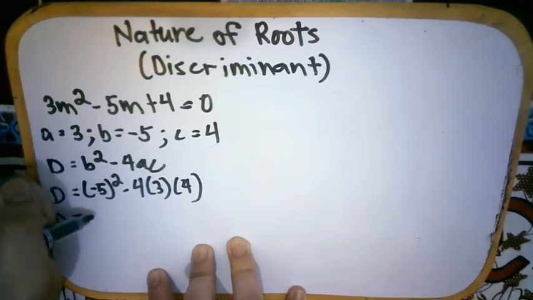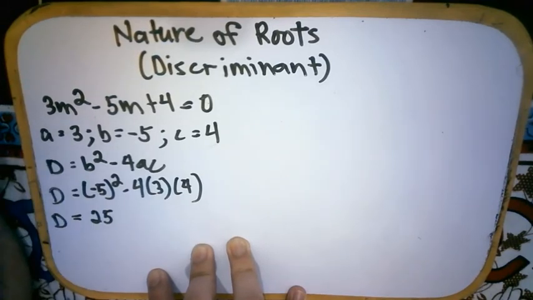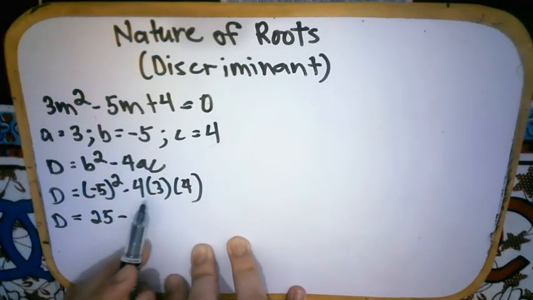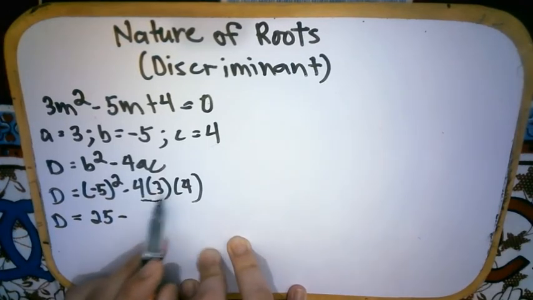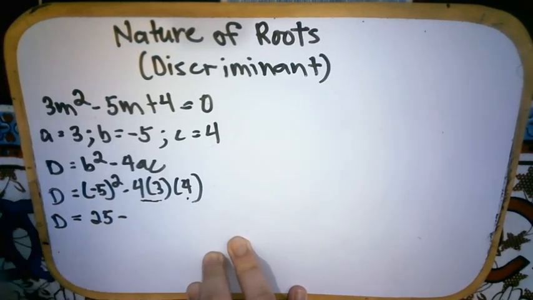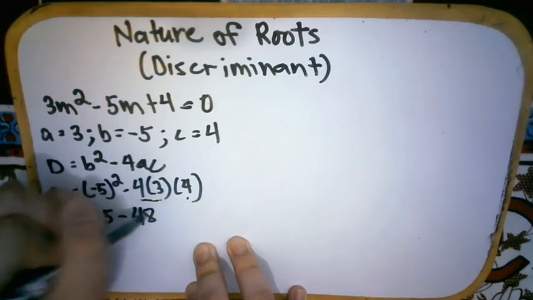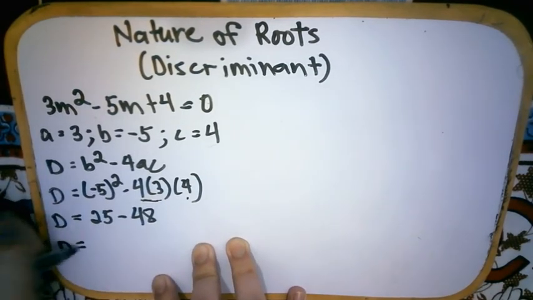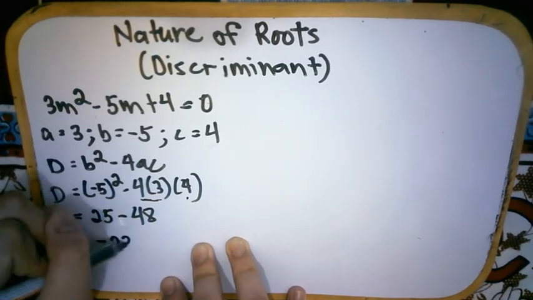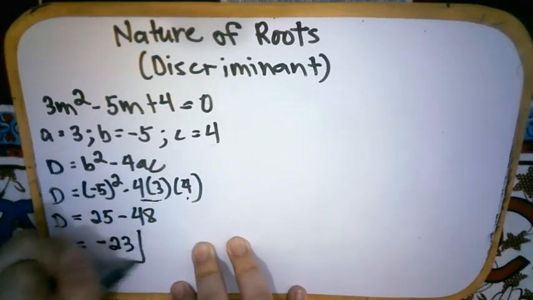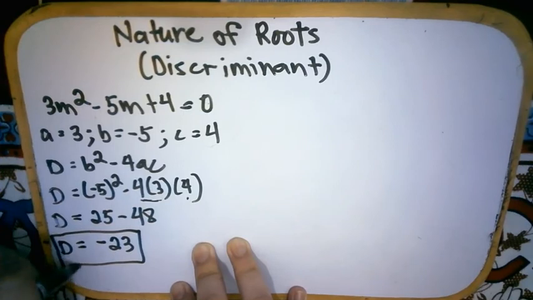Negative 5 squared is 25 minus 4 times 3 is 12, and then 12 times 4 is 48. And 25 minus 48 is negative 23. Therefore, the value of discriminant is negative 23.